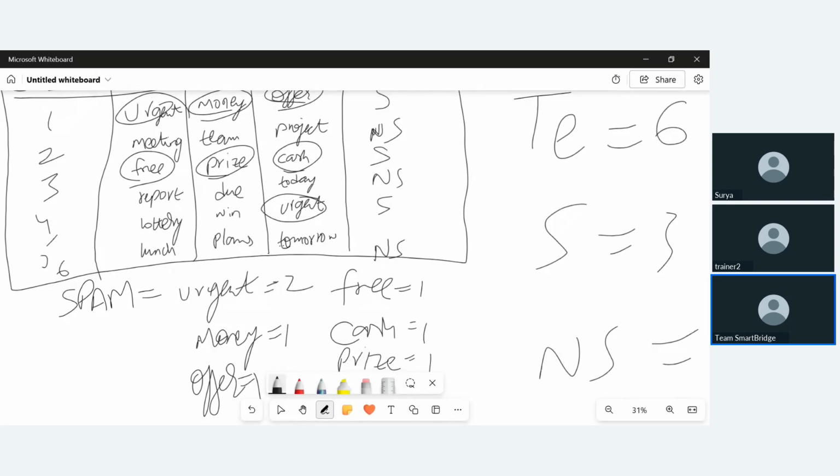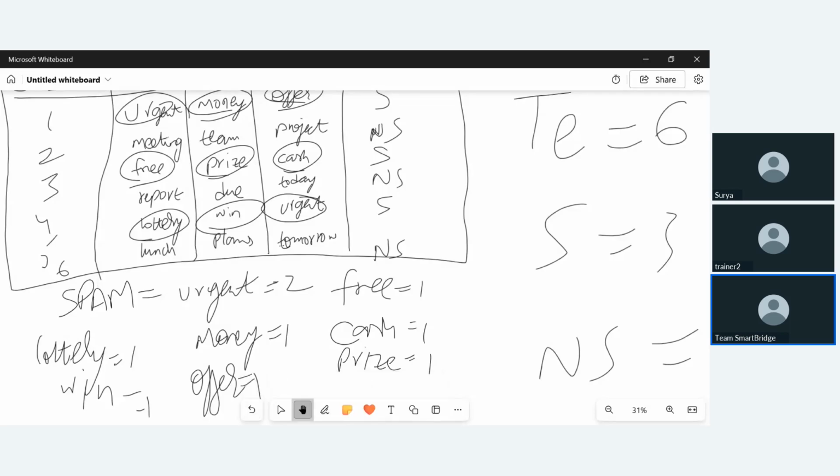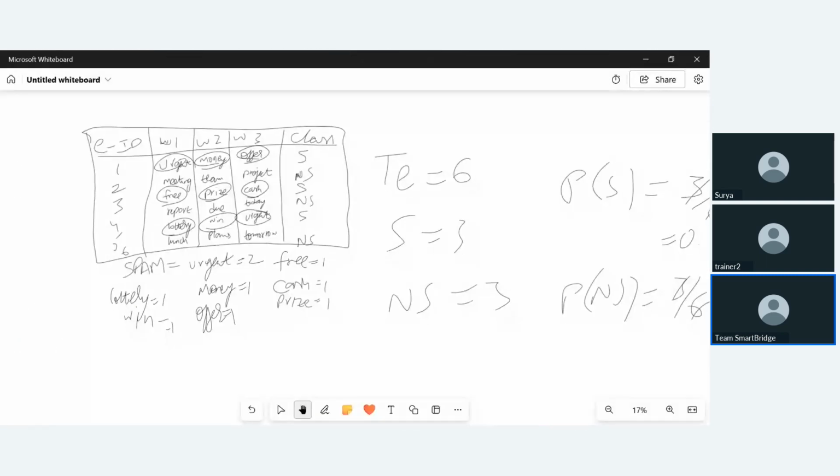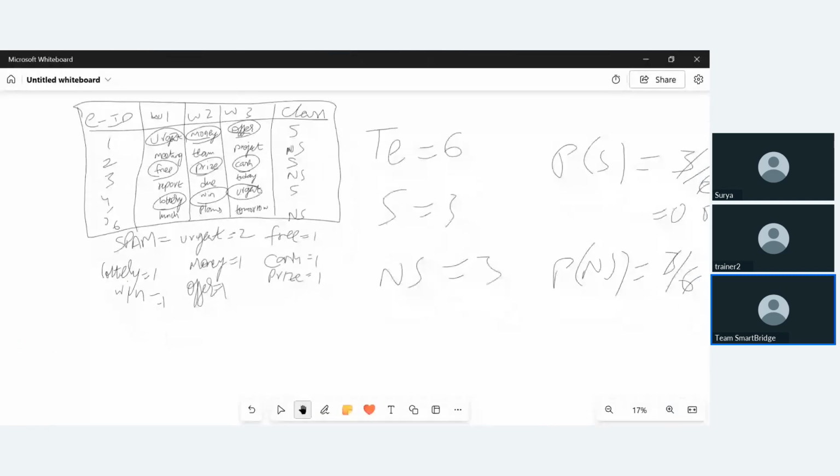And lottery and win are also repeated 1 time. Now if you take this, we have around 9 words in these spam emails. Whenever you get spam emails, we can identify them with the help of these 9 words: lottery, win, urgent, money, offer, free, cash, price.